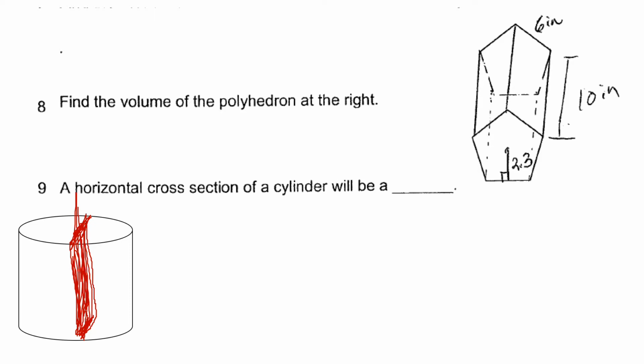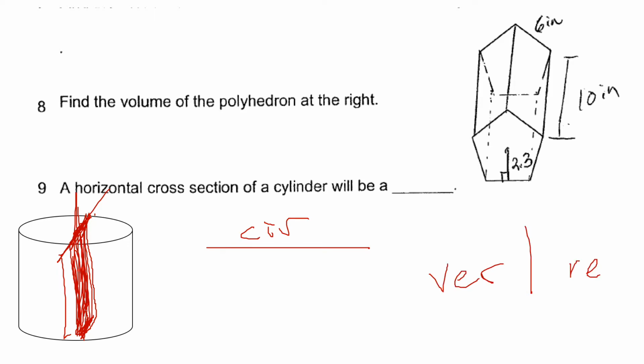So this would be a rectangle if you sliced it vertically, straight down. Okay. Alright, so that was vertical. Horizontal gives you the circle. Vertical gave you a rectangle. You just know it for other shapes. Whatever it's parallel to is going to match.